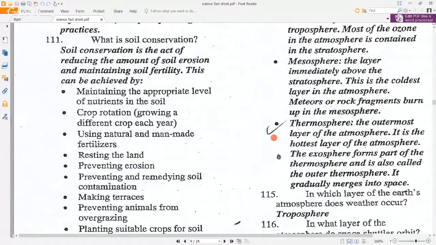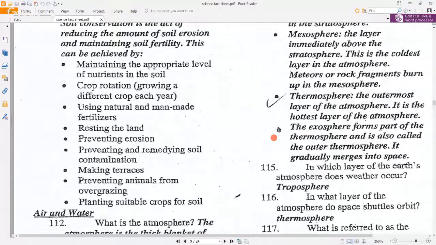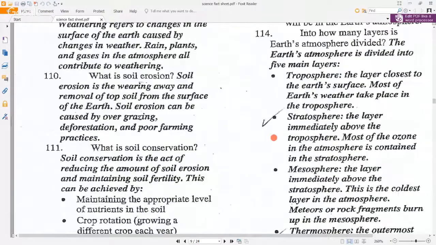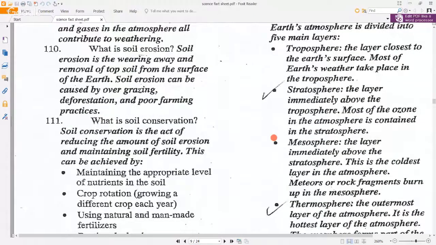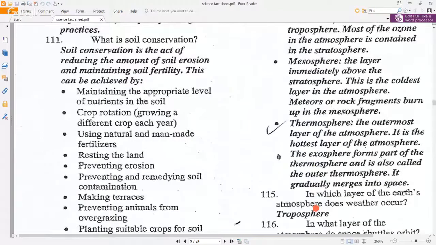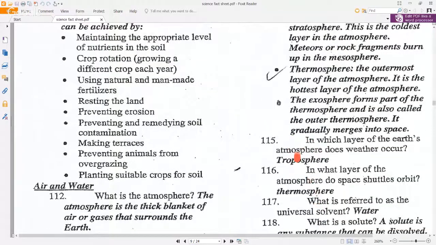In class, we have a little saying: the stars meet there exactly. Troposphere, the; stratosphere, stars; mesosphere, meet; thermosphere, there; and exactly would be for the exosphere.